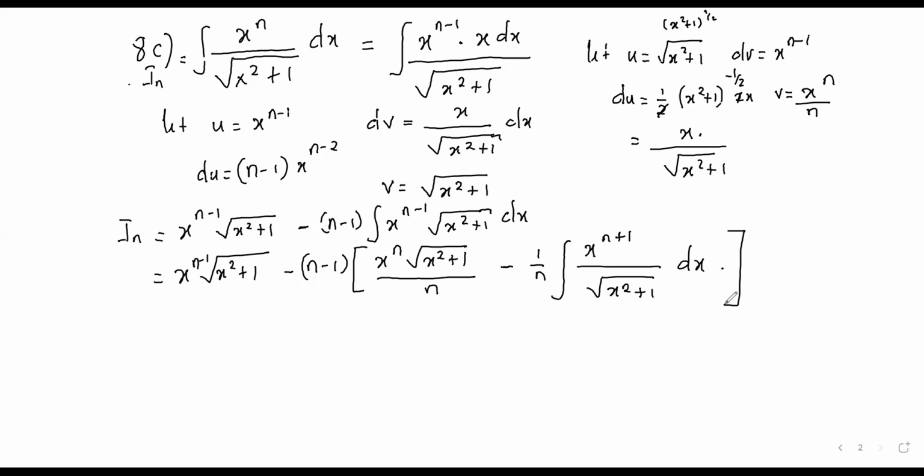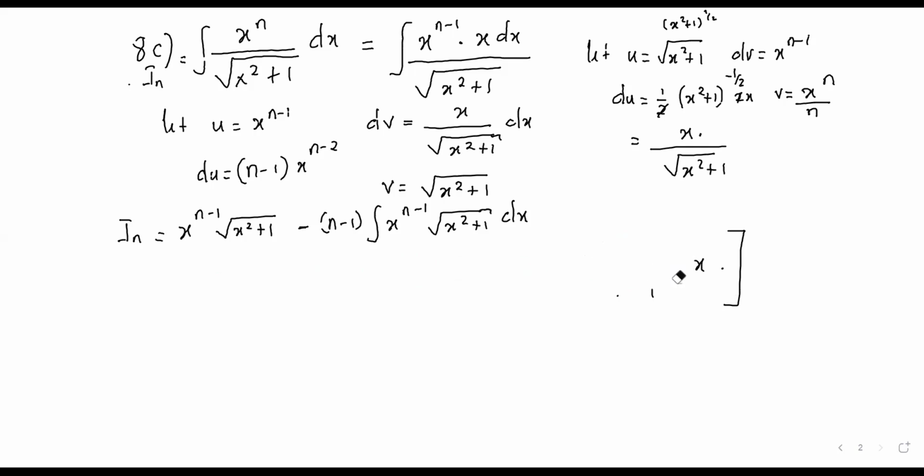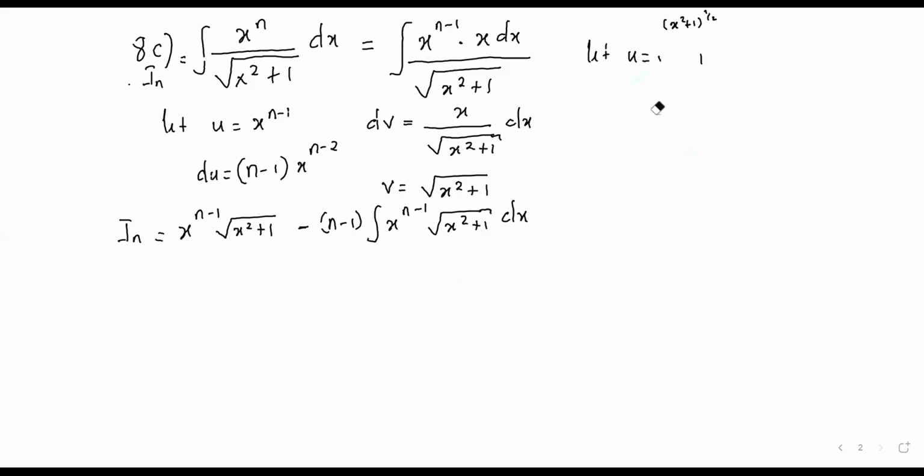This one can't work out because our n has become big. So maybe we take it back to this form. Oh yeah. There was no need of all this, I think. You leave it here, since the n has reduced.